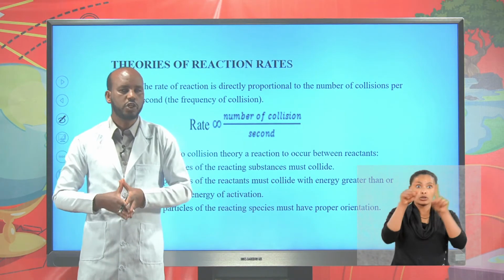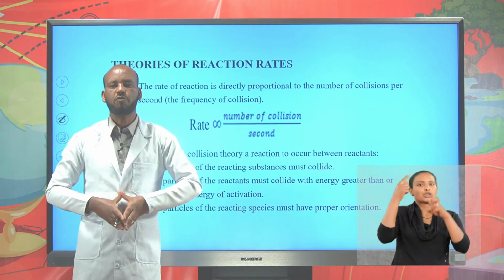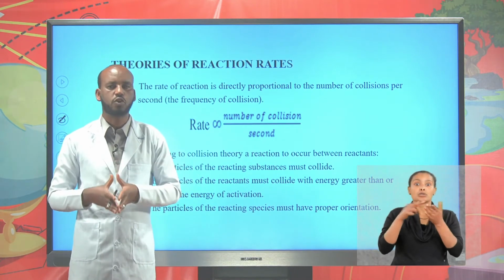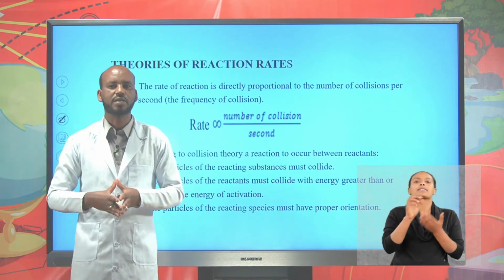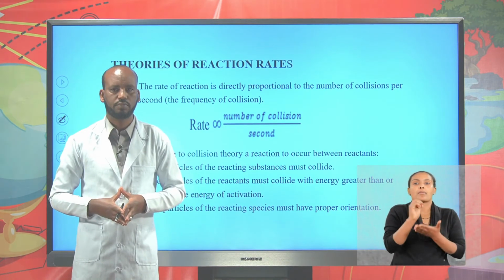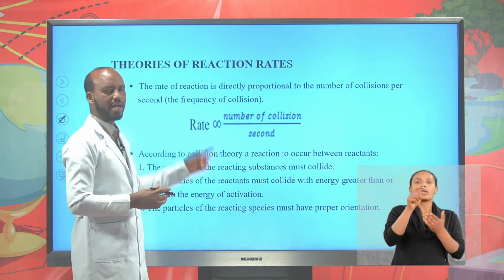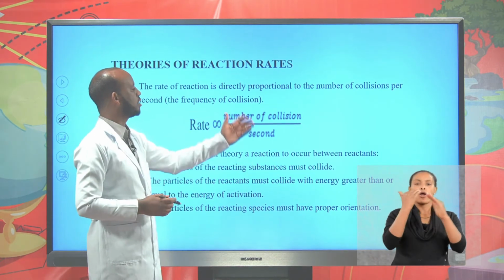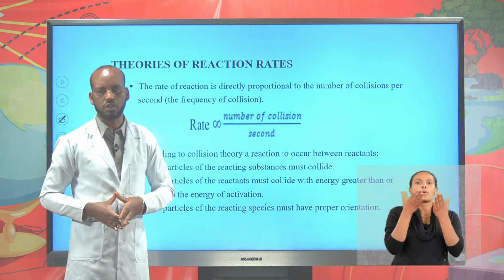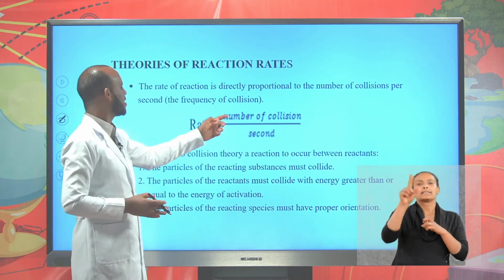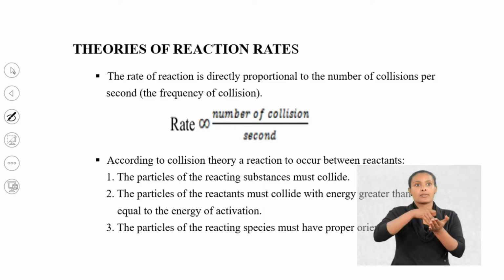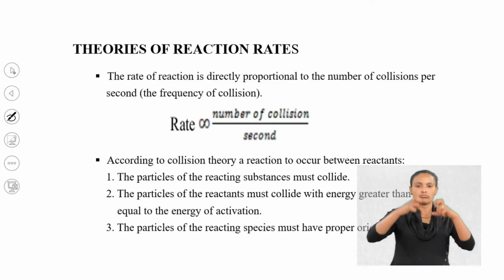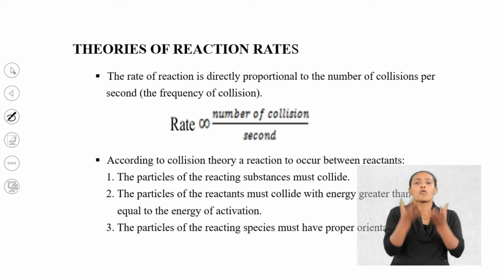According to collision theory, in order for the reaction to take place, there must be collision between reacting particles. Therefore, rate of the reaction is directly proportional to number of collisions per second, or frequency of collision. Number of collisions per second is frequency of collision.